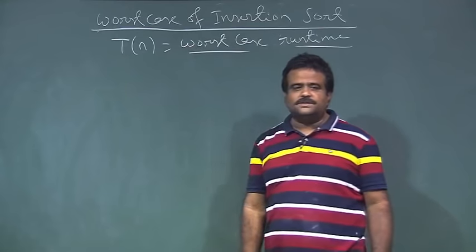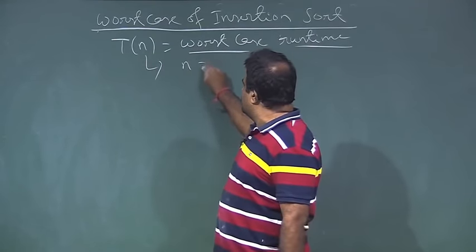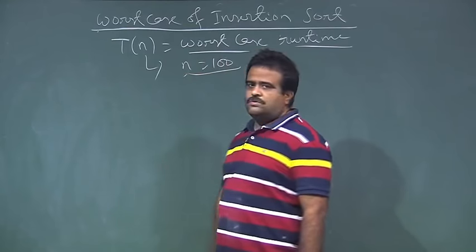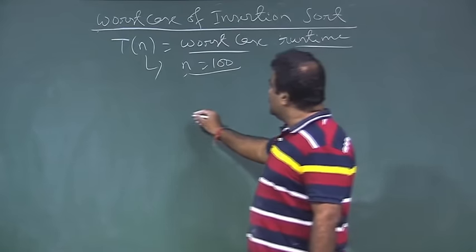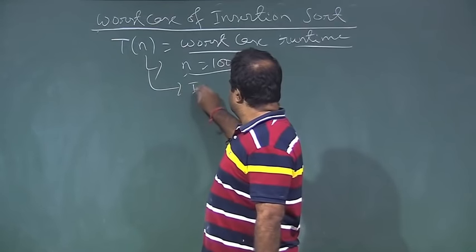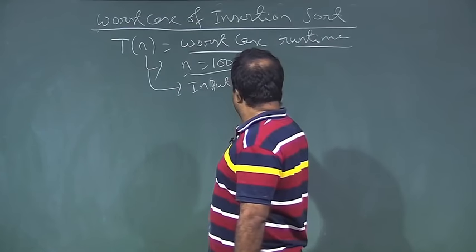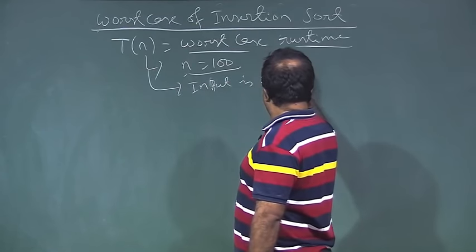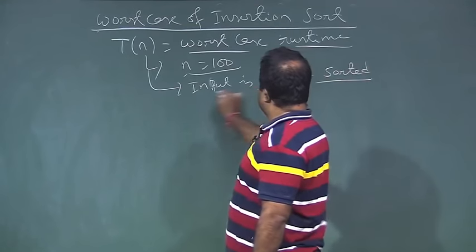So, worst case means what do we fix? We fix n. Suppose we are sorting 100 inputs, and since it is the worst case for insertion sort, the input is reverse sorted. So we fix these two pieces of information: the input is reverse sorted, and the size is fixed.